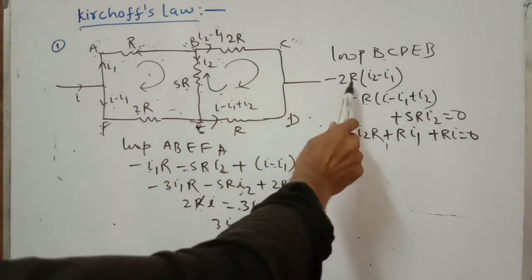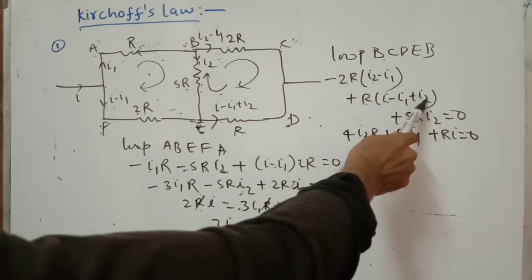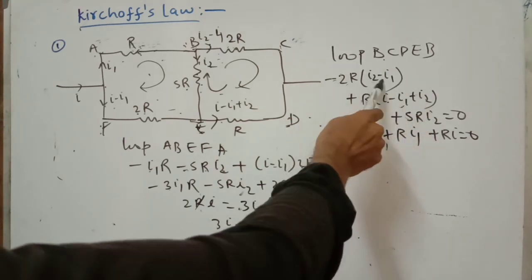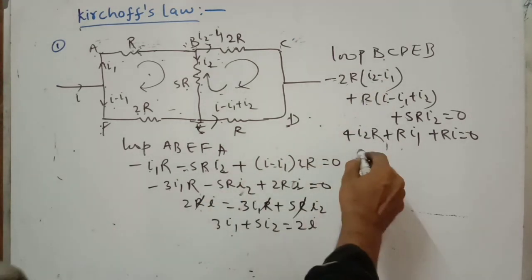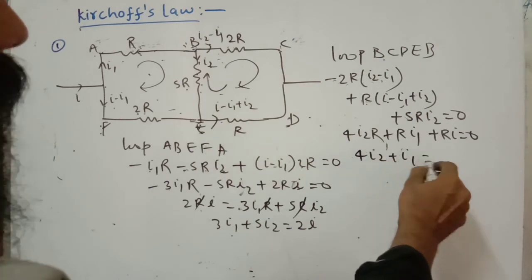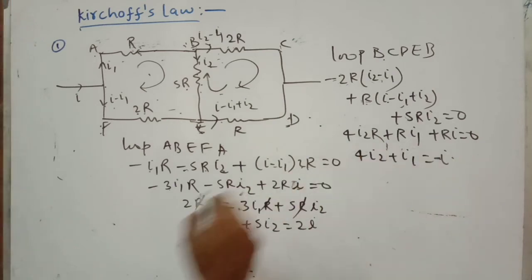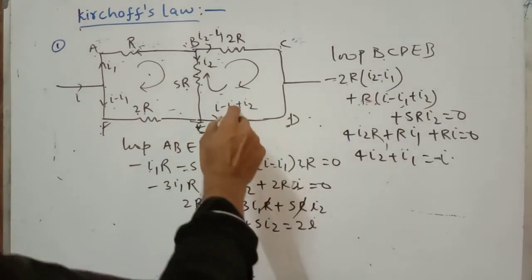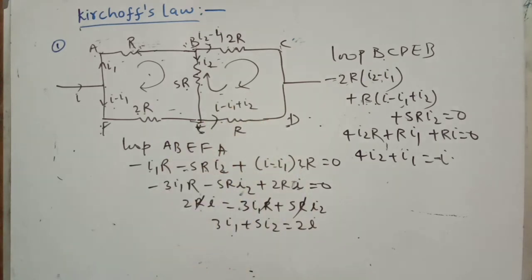So from here you can write 4I2 plus I1 equal to minus I. It is positive RI because the current direction and consider direction are opposite to each other.